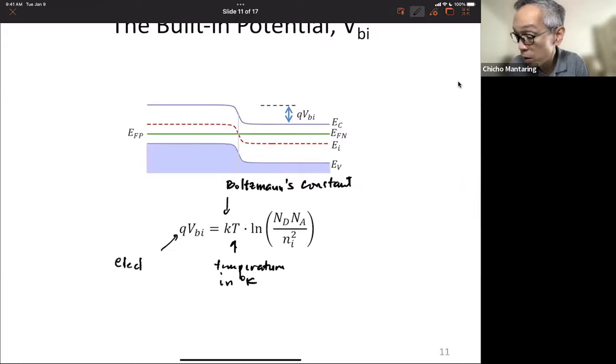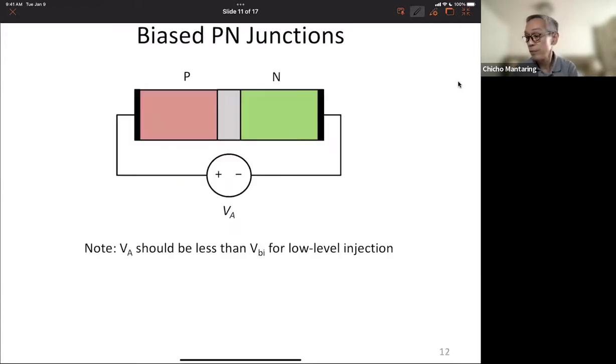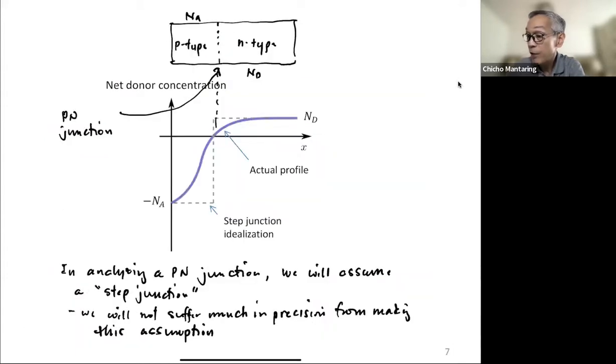The V_BI, we call this our built-in potential. So this is for an open circuited PN junction. In other words, there's nothing connected to our PN junction. It's just existing by itself with nothing connected to it.